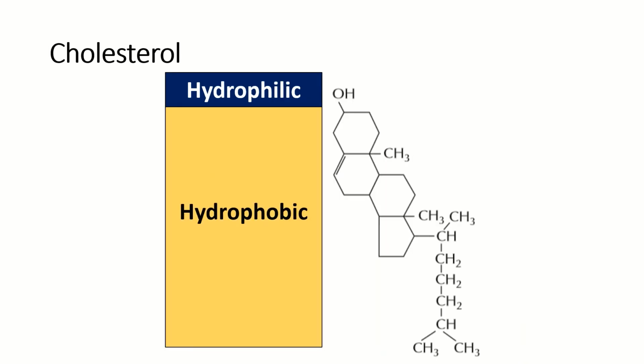And here we have neither a phospholipid nor a sphingolipid, but still a lipid. This is a steroid known as cholesterol, which is also found in the cell membrane. And take note, there is a very small portion of the cholesterol molecule that's hydrophilic, the one with the hydroxyl group on the upper portion.